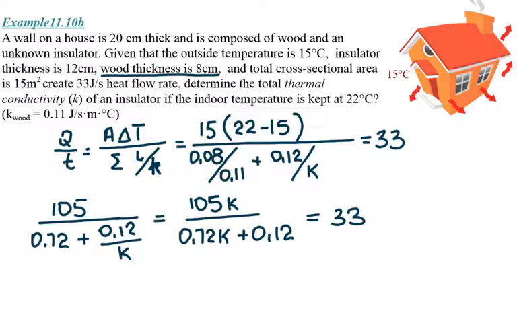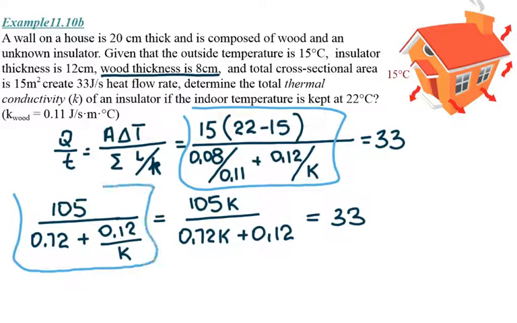So first I simplified my big fraction. I simplified this part into this. And then I multiplied the numerator and the denominator by K. So I multiplied this side by K and this whole thing by K. When I distribute it, I get K on the top and I have K over here. So now I can cross multiply my fraction, and this is what I'm going to get.